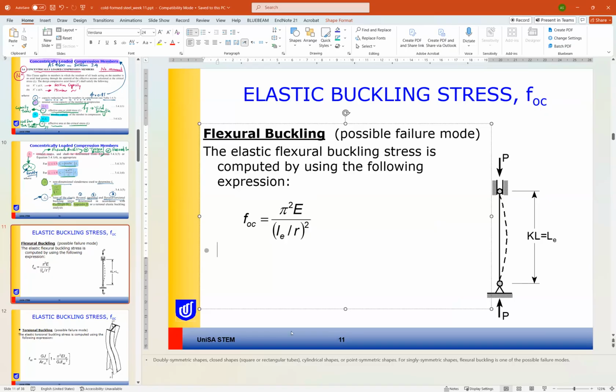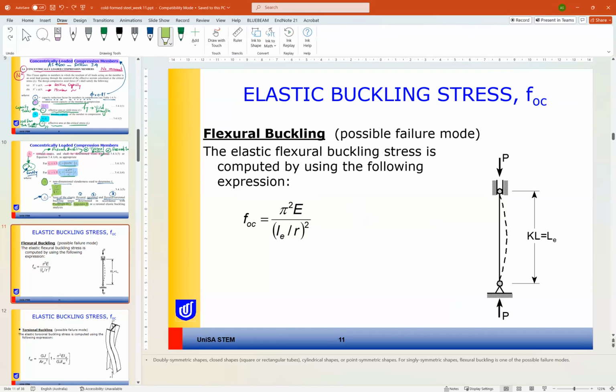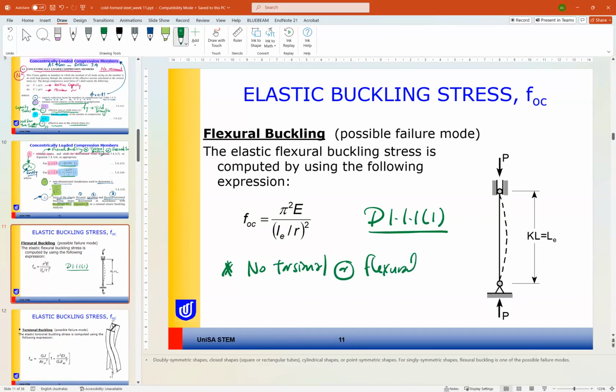This is clause number D1.1.1.1. In this case, as we see in the standard, no torsional or flexural torsional buckling happens.